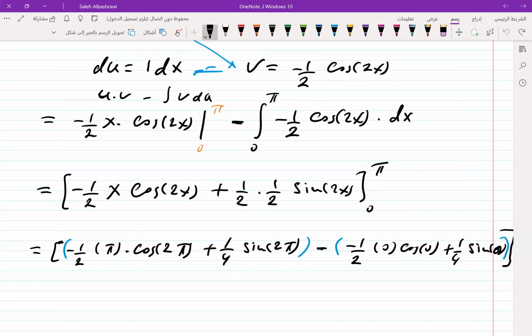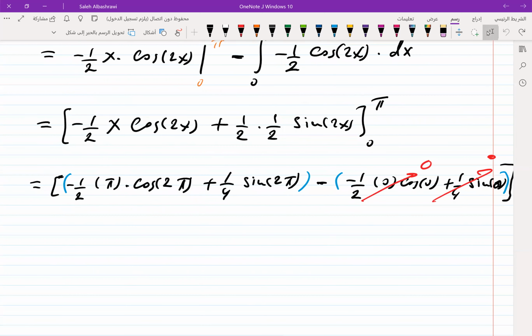You can see that the second part is 0, and this is 0, and also this is 0.